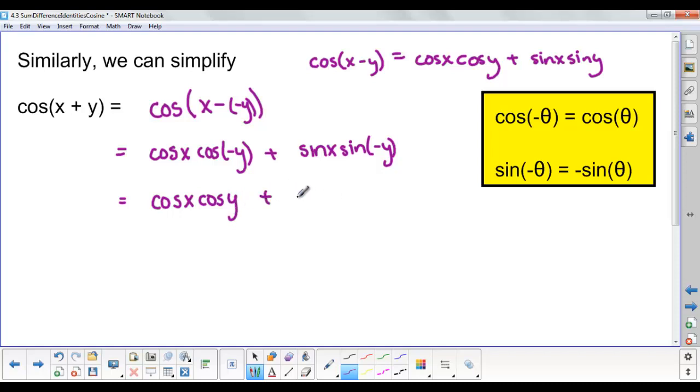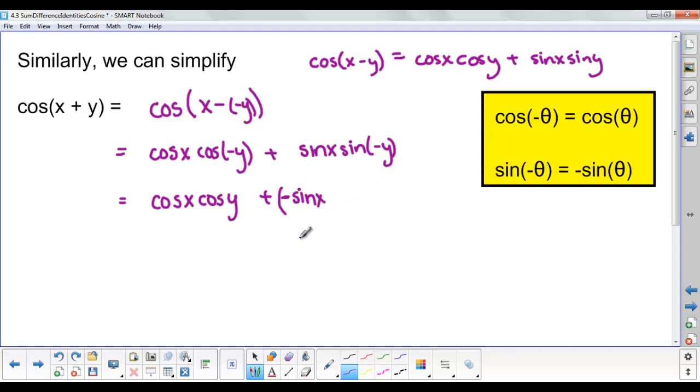Now for my second term, we have sine x. Again, not much we can do there, but it's being multiplied by sine of some negative angle. Sine of some negative angle is really equal to negative 1 times sine of that angle. So essentially this entire term is going to become negative.